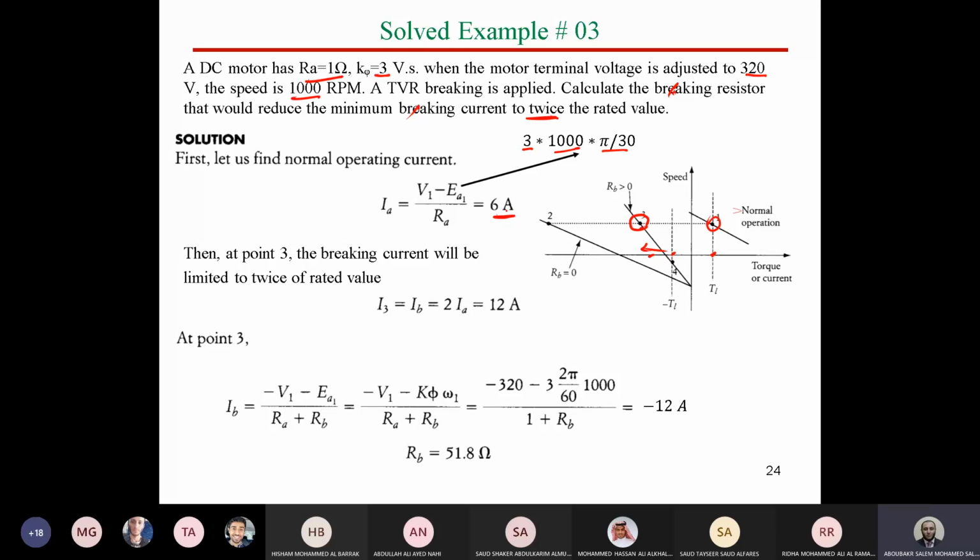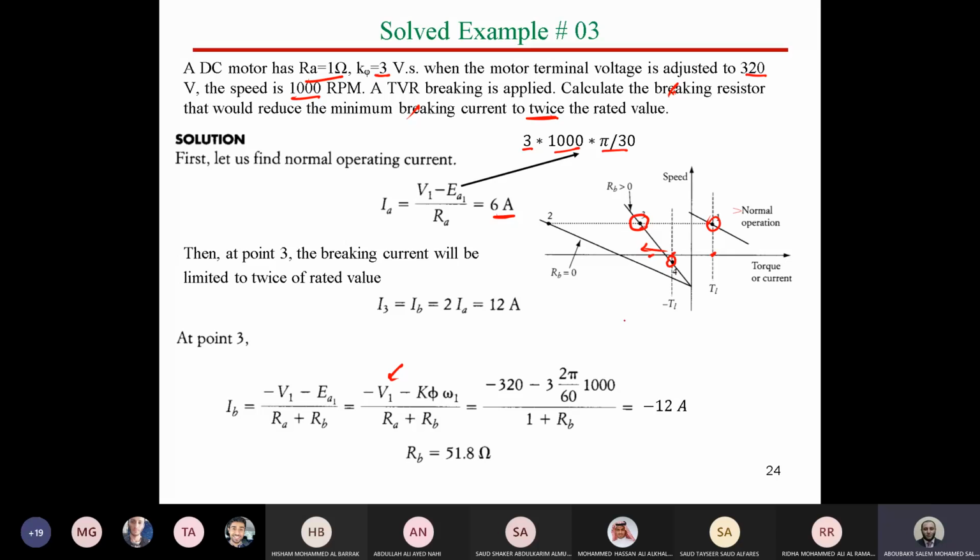What is the relation at point number 3, or even point number 2 in regenerative braking generally? The relation is minus V, because the voltage is reversed, minus E, over total resistance. So you have V, which is 320. You have K phi, the motor constant, which is already 3 volt second per radian. Omega is the motor speed, which is 1000 RPM. Either at point number 3 or 4, the current is reversed.